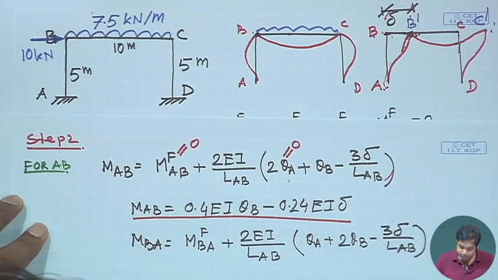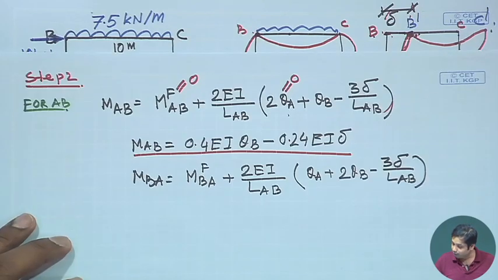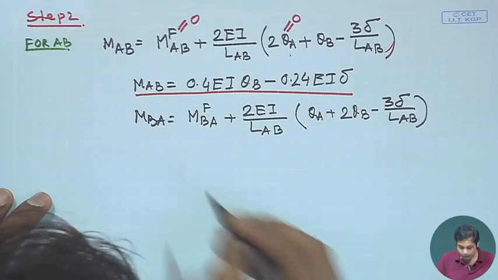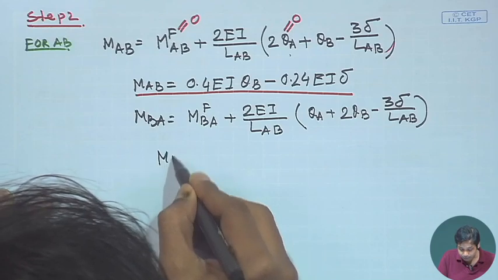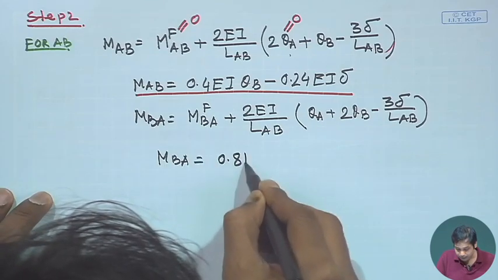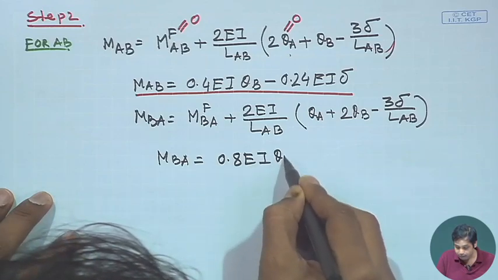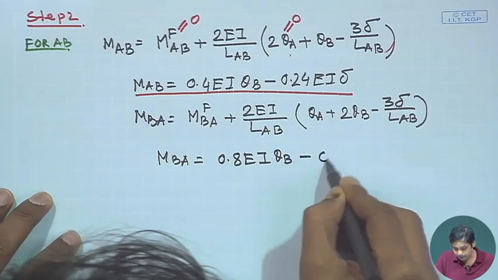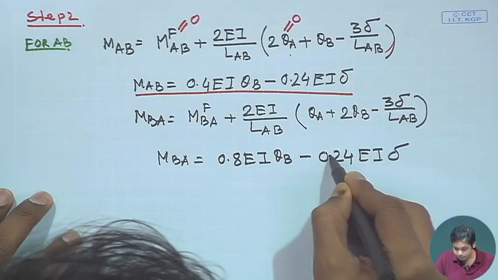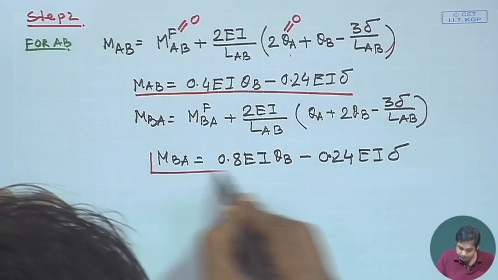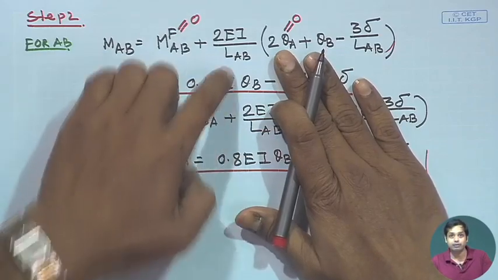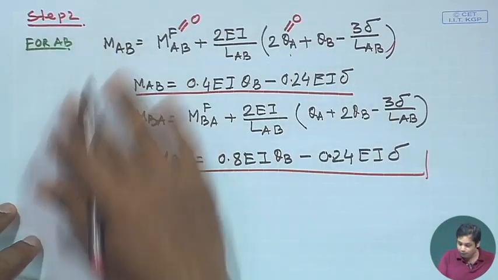And again, if we substitute all these values, we get MBA equal to 0.8 EI theta B minus 0.24 EI delta. Now, in the previous example delta was 0, so we only had these two values. Okay. So, this was for AB.